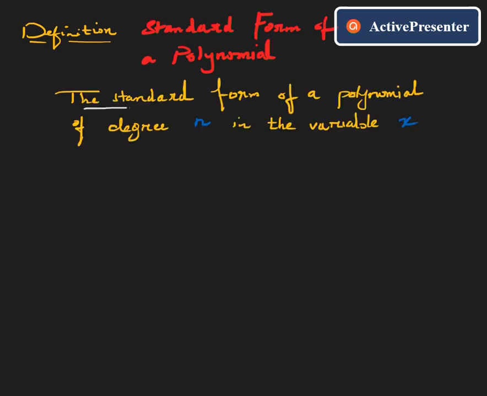The standard form of a polynomial of degree n in the variable x is a_n x to the power n plus a_(n-1) x to the power n minus 1 plus a_(n-2) x to the power n minus 2 plus, up to when you reach, a_2 x squared plus a_1 x plus a_naught, or a_0.